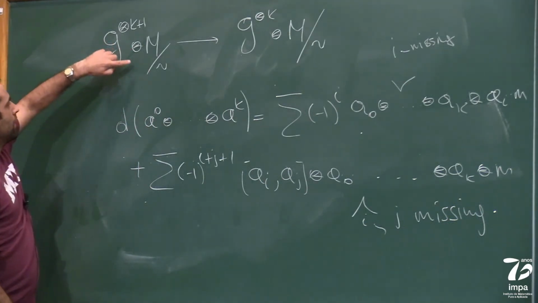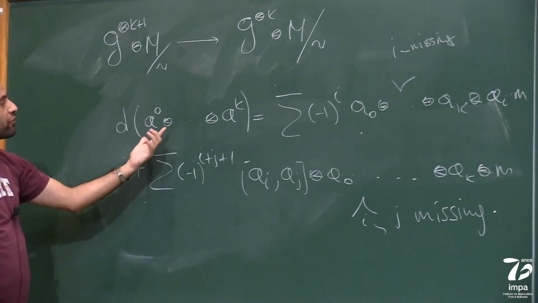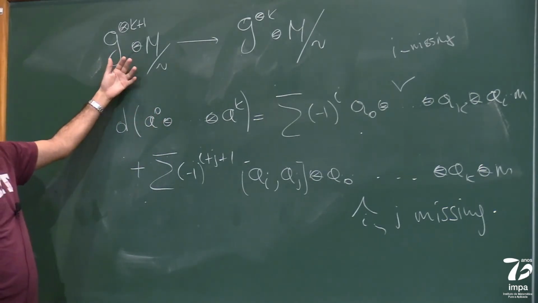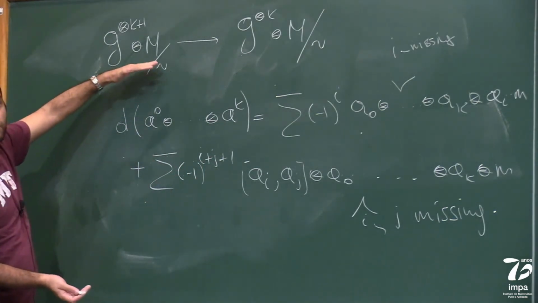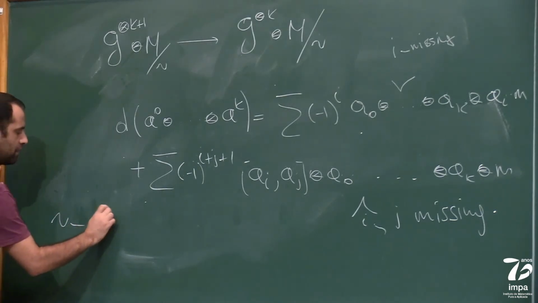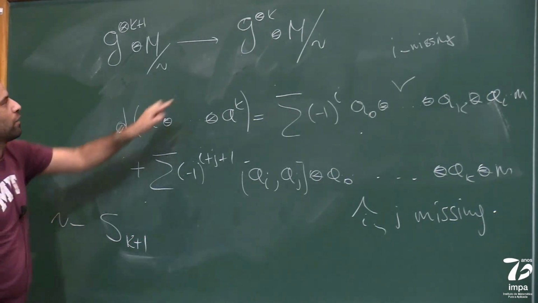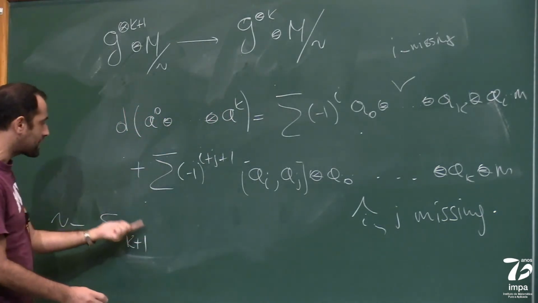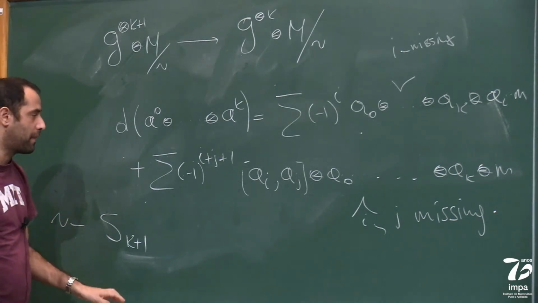So this quotient: there's a natural action of the symmetric group on k plus 1 elements here and k elements here, and you quotient by it, which is the alternating action of the symmetric group. So the quotient means take invariants with respect to S_{k+1} or S_k here, where the action is that when you exchange two guys, for a transposition, you put a minus sign.